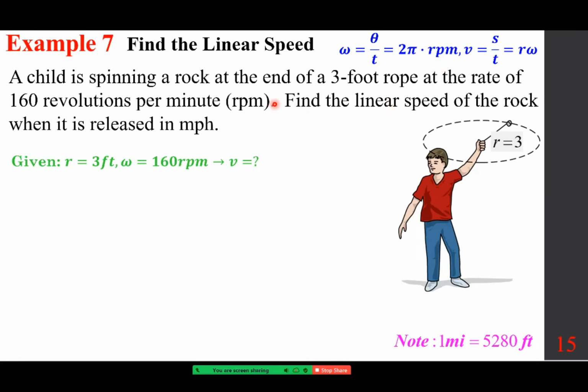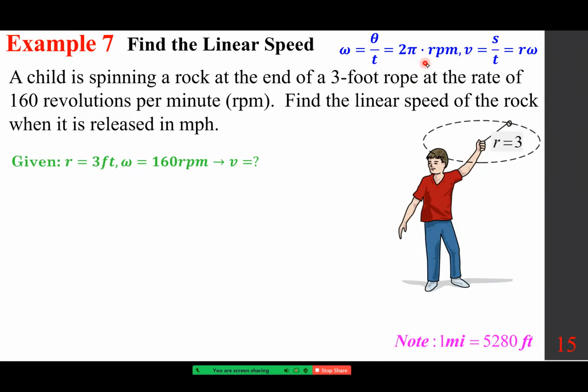And remember, a whole revolution is what? 2 pi. That's why if you have 5 revolutions, that means 5 times 2 pi per minute. That means 10 pi per minute. That's the concept. It's important to see why we get this, because revolution means a whole circle, which means 2 pi radians. That's why we have this formula, 2 pi times RPM, where this R stands for revolution.